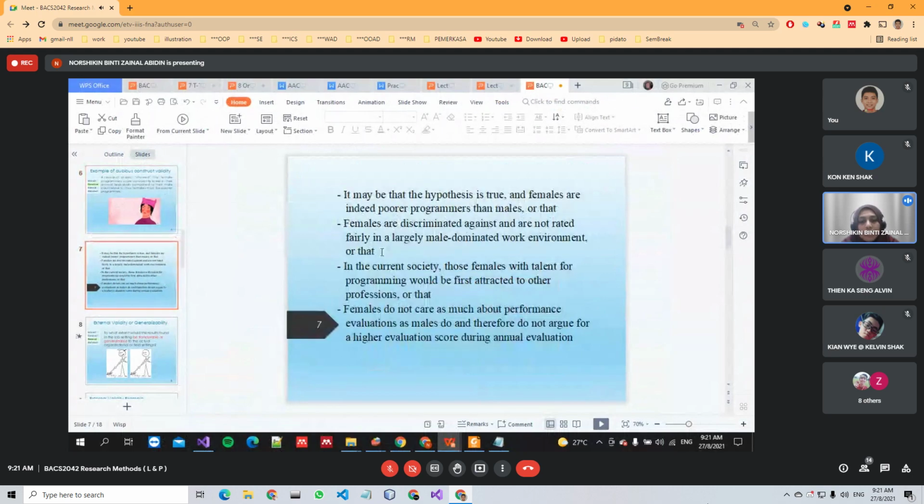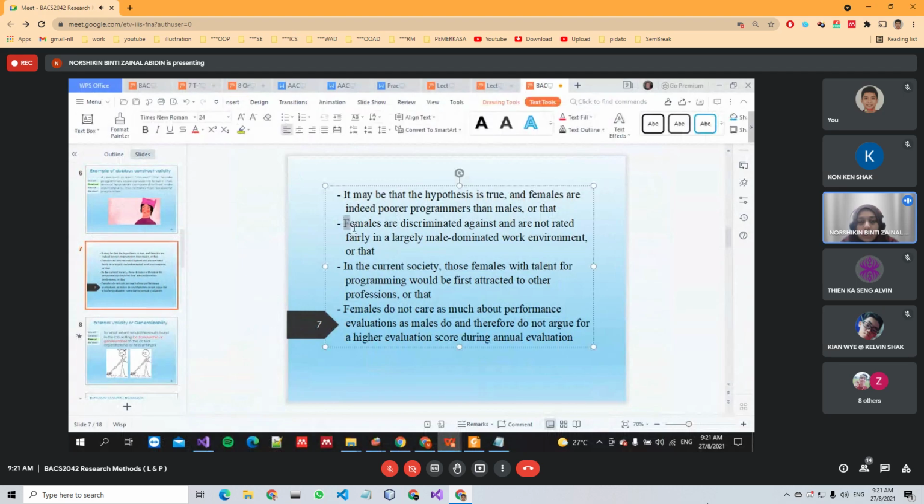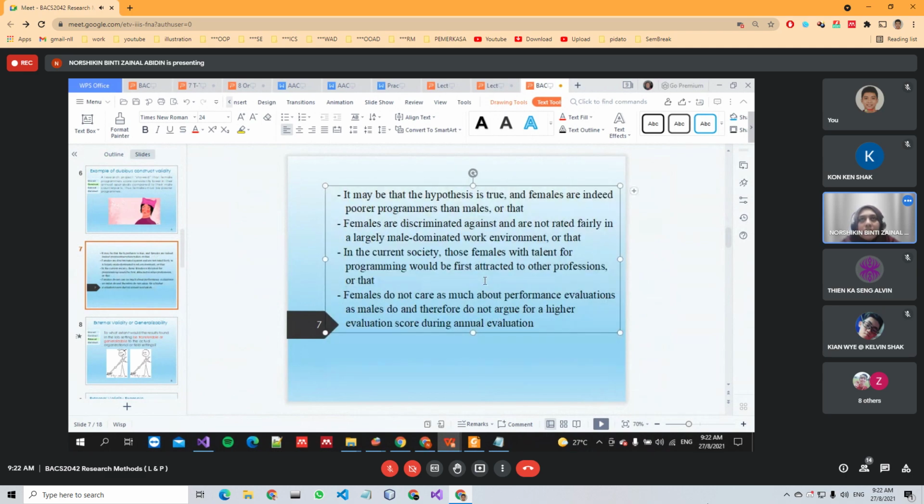It can be due to this reason. It's true in programming, it is dominated by male programmers. For example, in my team, I was the only female programmer last time, so it is dominated by male programmers.